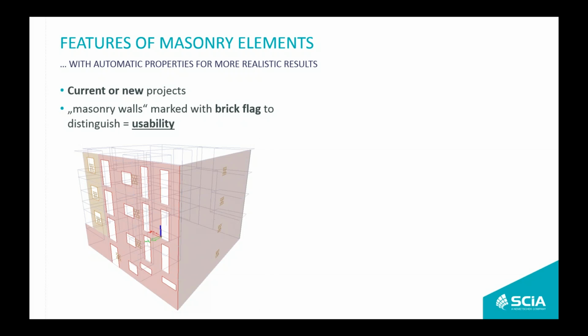Masonry walls in current projects can be easily switched into the new behavior by just setting the type of 2D members to masonry orthotropic, and by that these walls get the flag which indicates bricks, as shown in the image below, so these members are clearly distinguishable from other types of slabs.